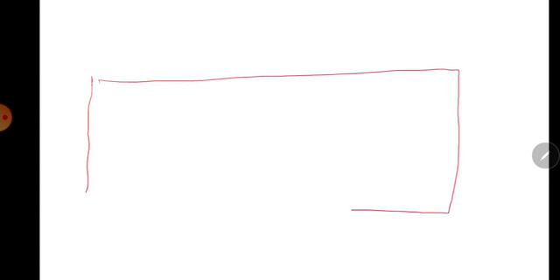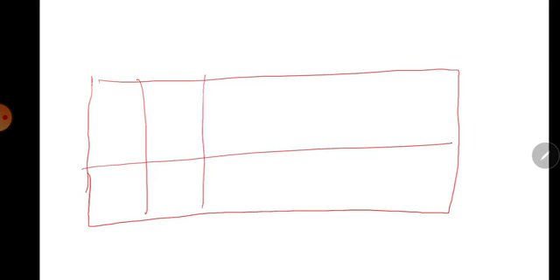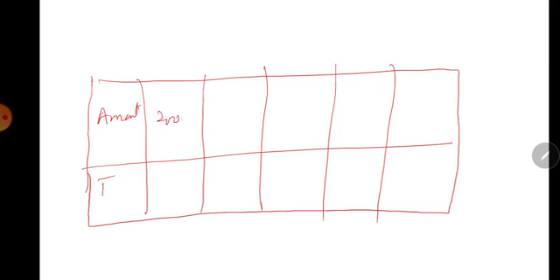Make a table like this. Here write the amount, here time. Originally 200 is present. After first half-life it will reduce to 100.